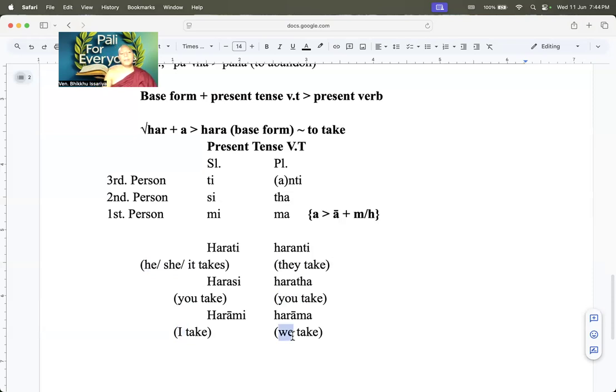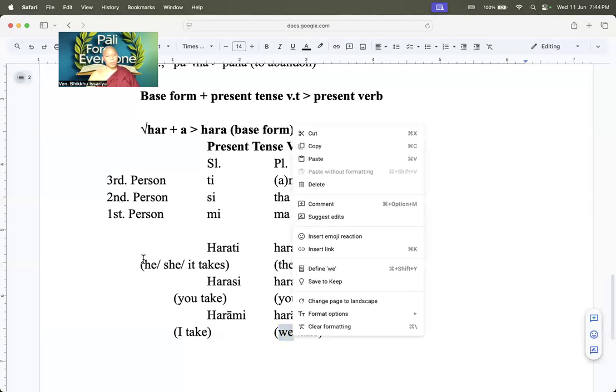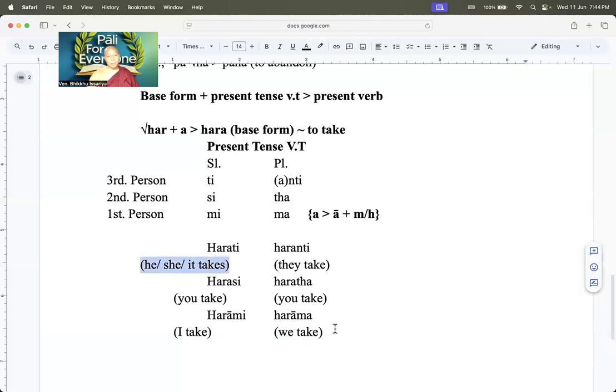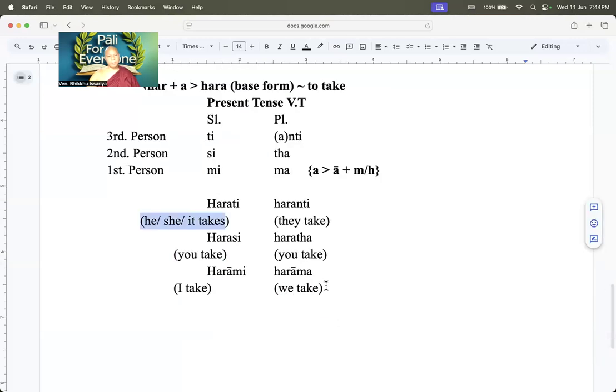Okay, these are actually noun forms. Later in the noun chapter, the noun system in Pali, we will learn in detail. But now, just for the subject case, we can put here.